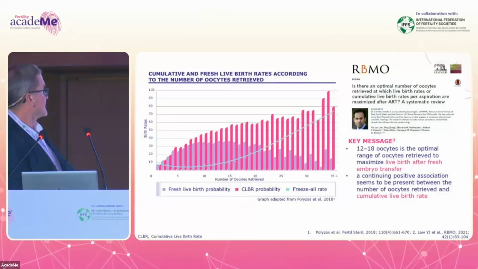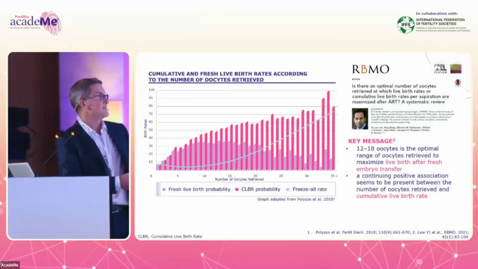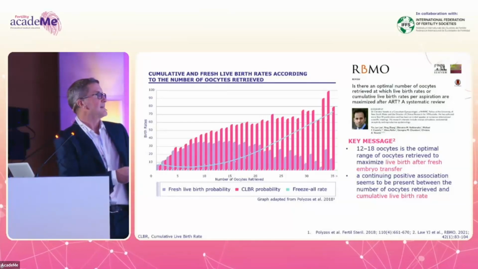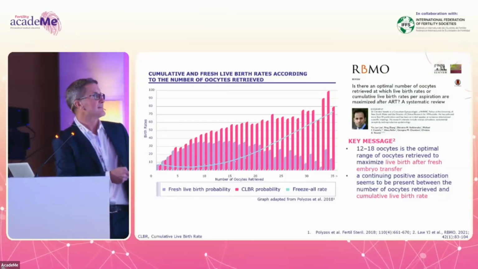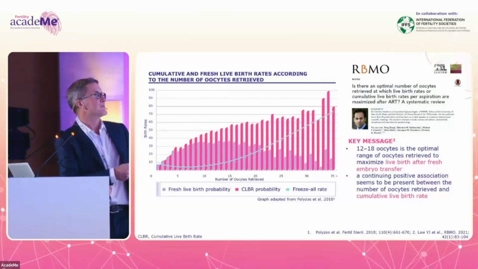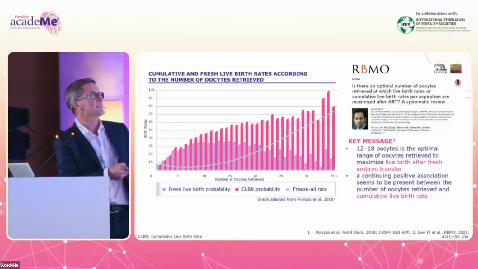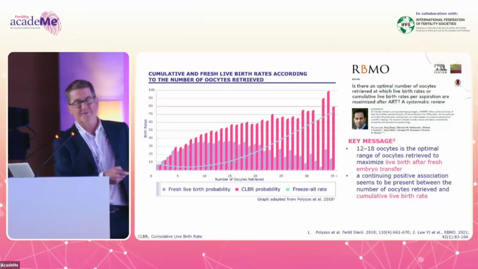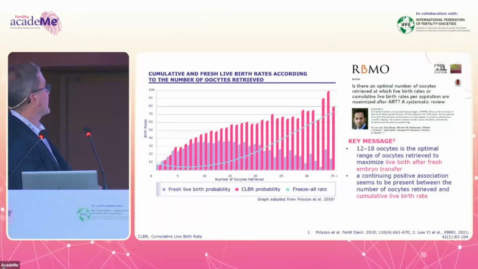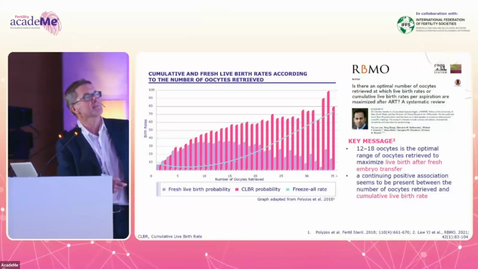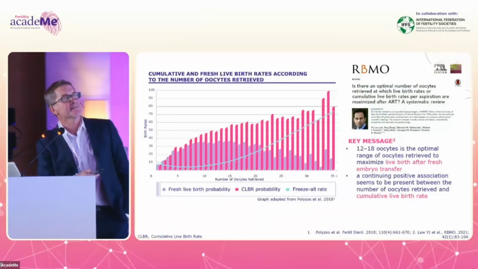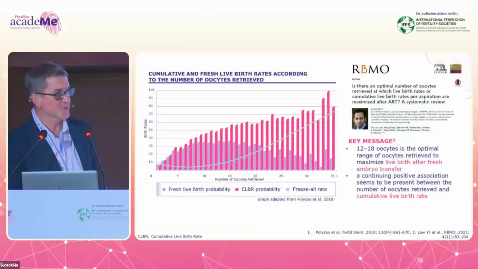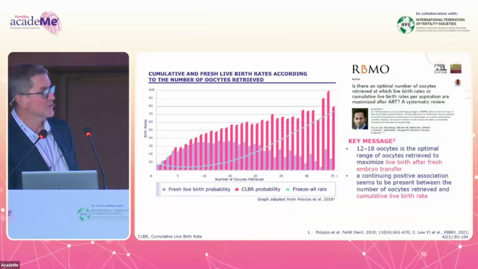And again, we can see that with increasing number of oocytes retrieved, with the purple bars here, the chance of fresh live birth rate increases, then plateaus and then reduces, but the cumulative live birth rate in the pink bars progressively increases. And this is the first systematic review on this topic, which we published in 2021.